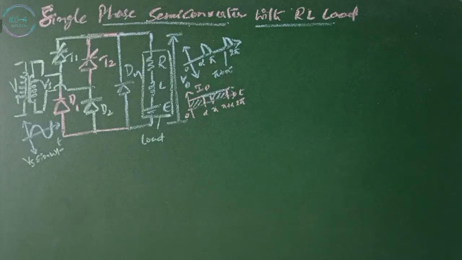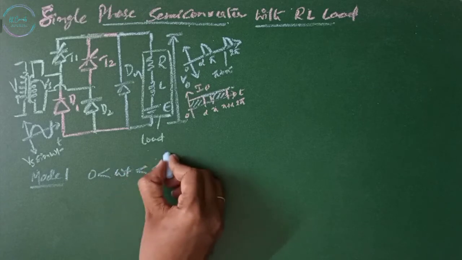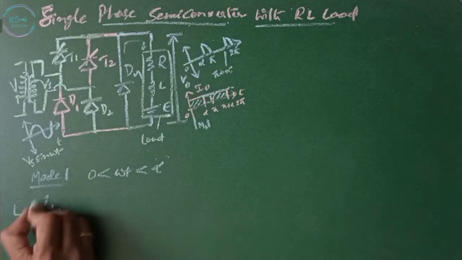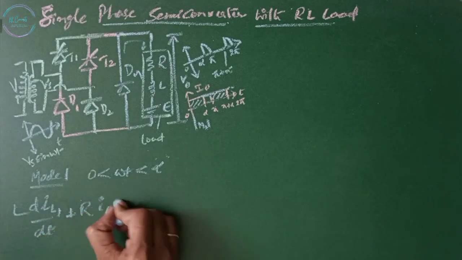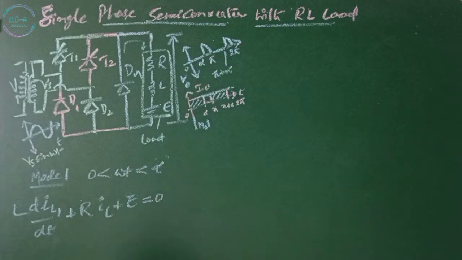The converter operation can be divided into two modes, that is mode 1. This mode is valid between 0 less than omega t less than alpha, during which the freewheeling diode Dm conducts. The load current IL1 during mode 1 is described by L di/dt plus R IL plus E equals the output voltage, which from 0 to alpha is 0.